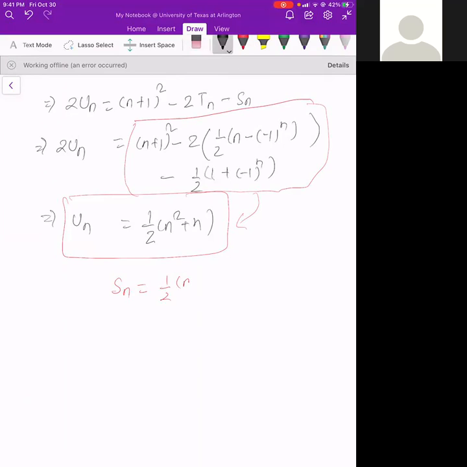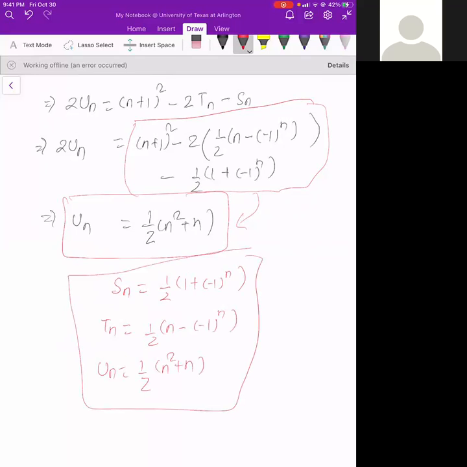So our S_n is 1/2 of 1 plus minus 1 to the power n, and then our T_n is basically 1/2 of n minus 1 to the power n, and our U_n is 1/2 of n squared plus n. All right, this is what we get after evaluating our summation using the perturbation method. Alrighty, and that would be all.